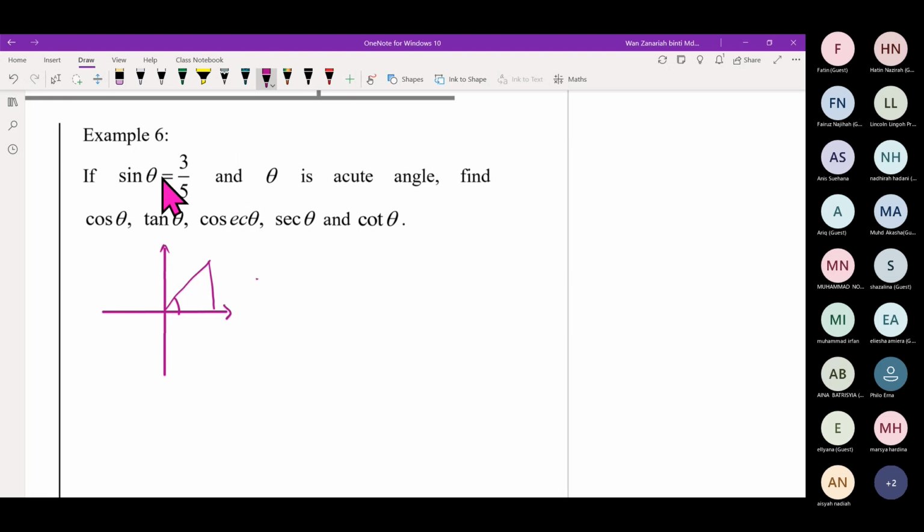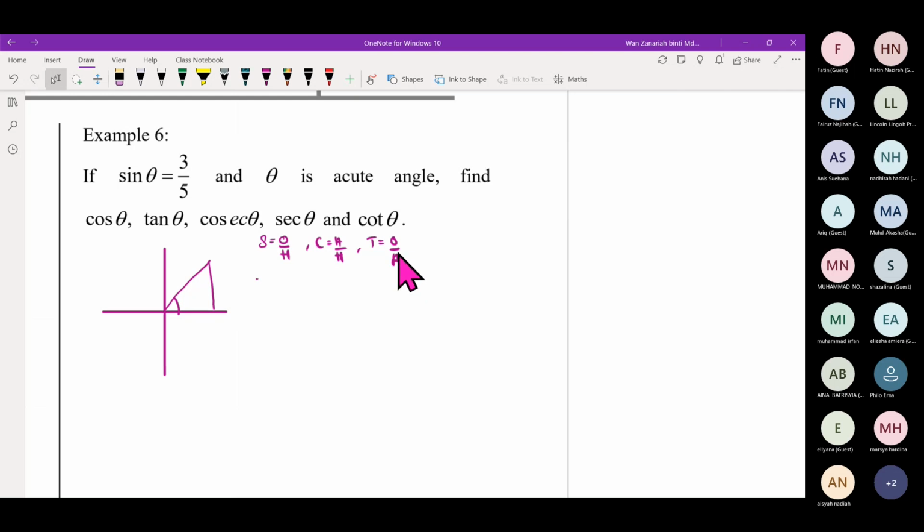Okay, you may draw at the first and second quadrant because sine is positive at the first and second. Can? But usually if there's first and second, I draw the first. Easier, right? Okay, sine, SOH CAH TOA.